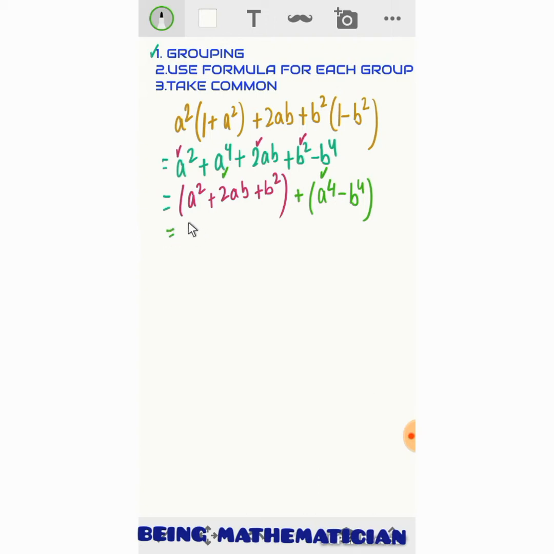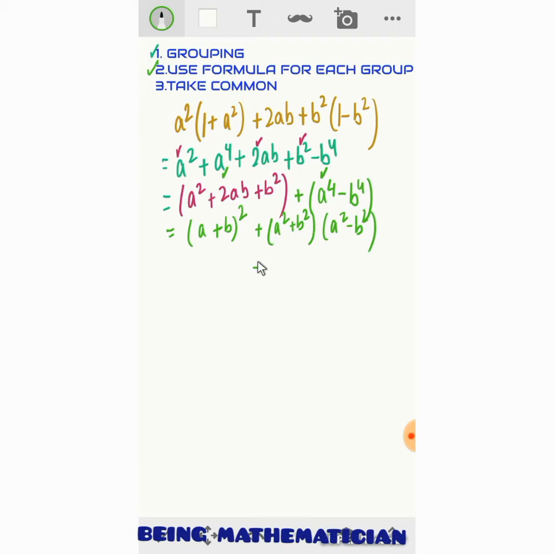Now as usual it gives a plus b whole square, and then we use the formula for each group. Step 2, that is first is a perfect square, and then the second formula is a square minus b square, that is a square plus b square into a square minus b square.